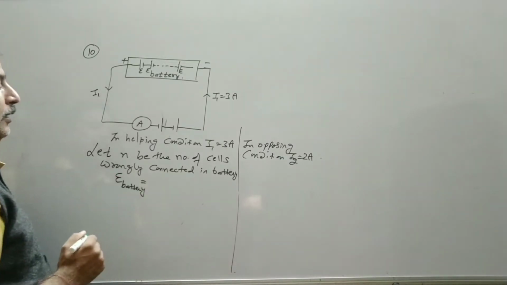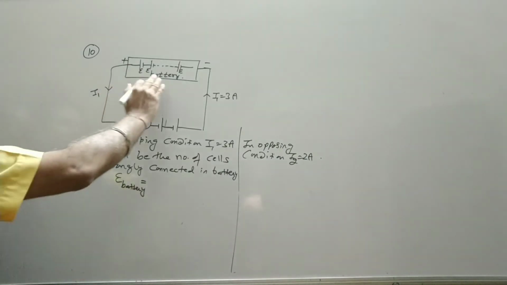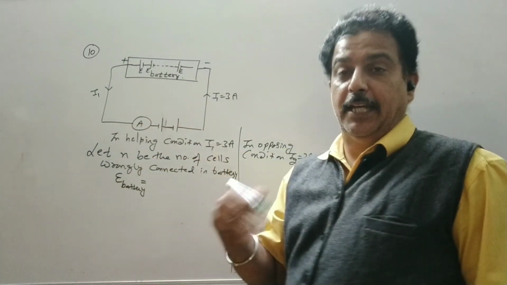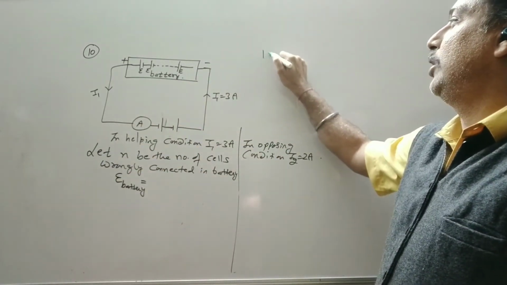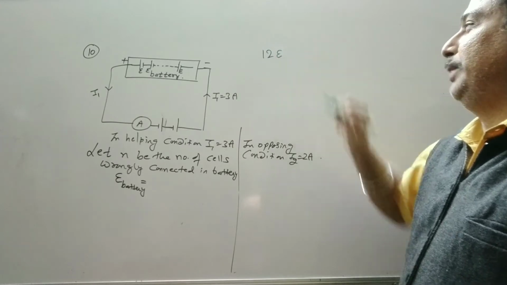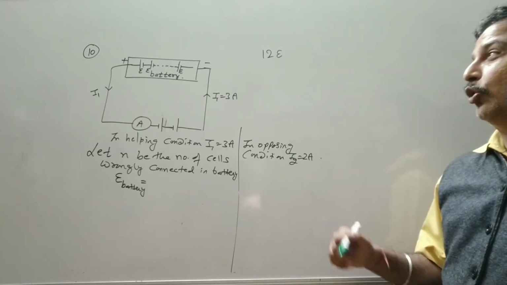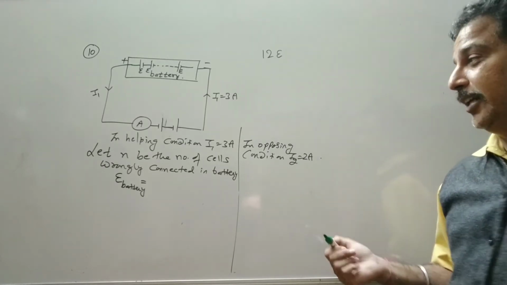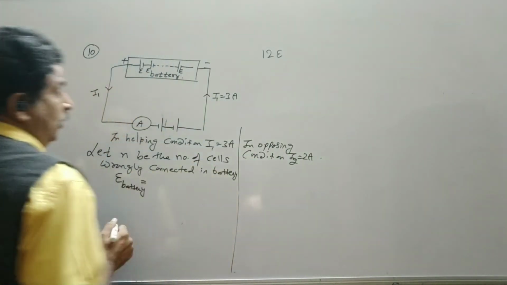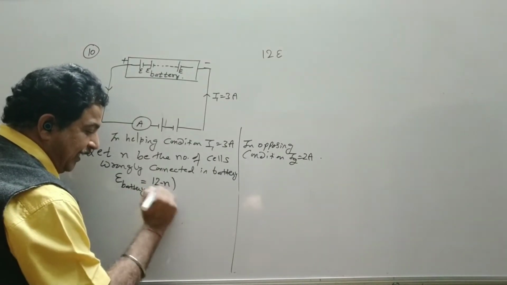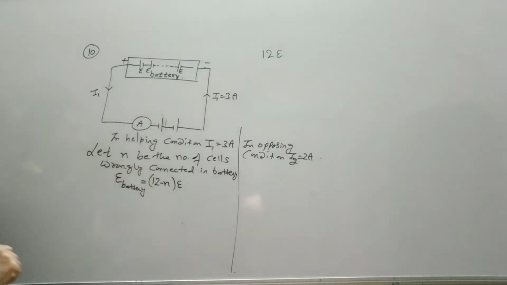Now see, there are 12 cells. If all 12 are connected in a correct manner, that is in a helping condition, the total EMF should be 12E. But we don't know how many are wrongly connected. n are wrongly connected. So first, we write (12 minus n)E. n are wrongly connected, so how many are connected in a helping condition?